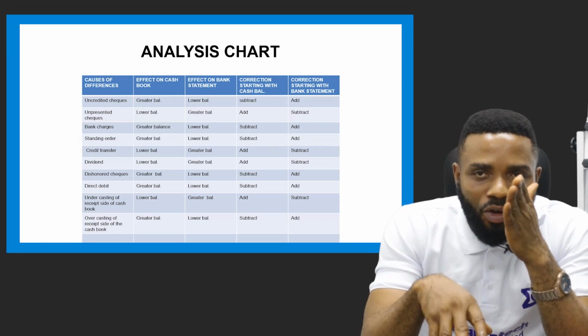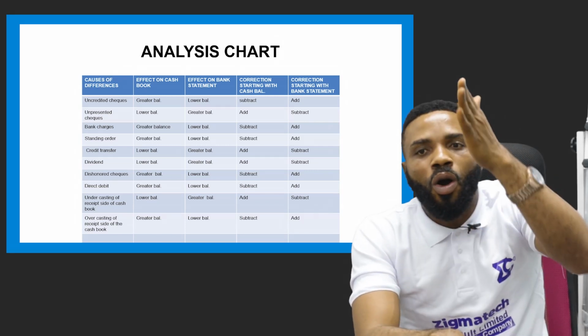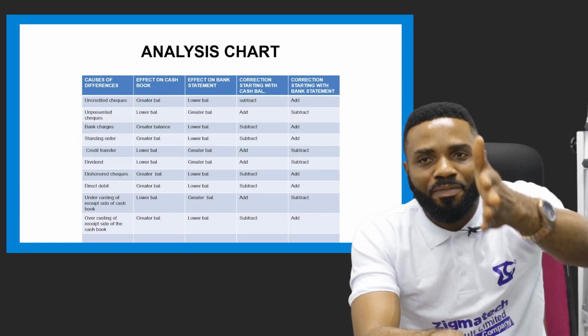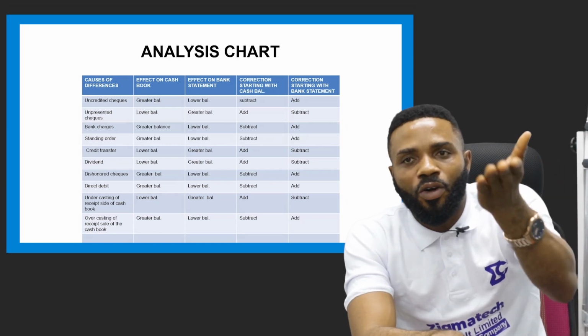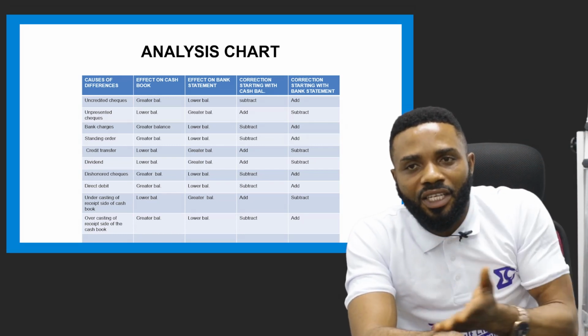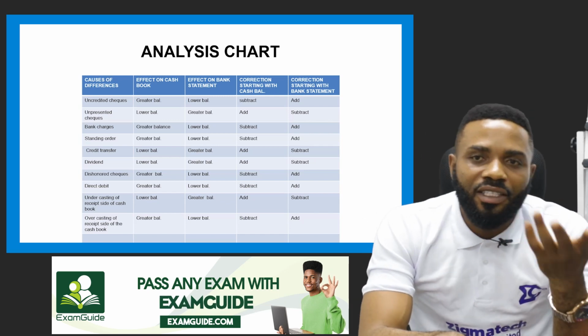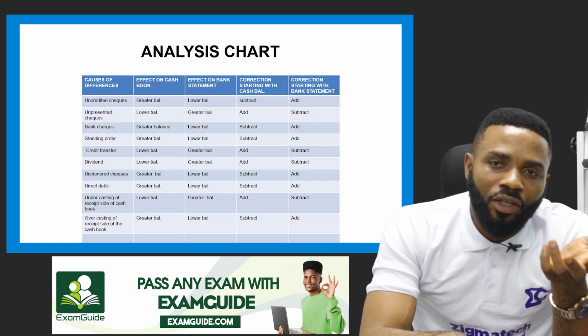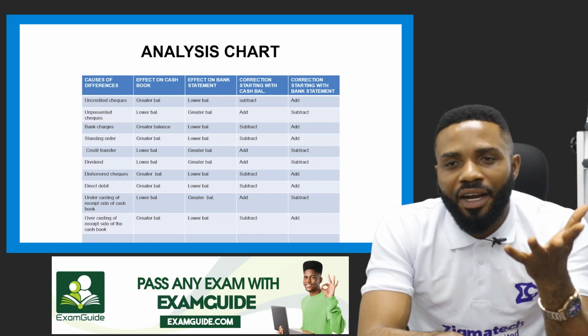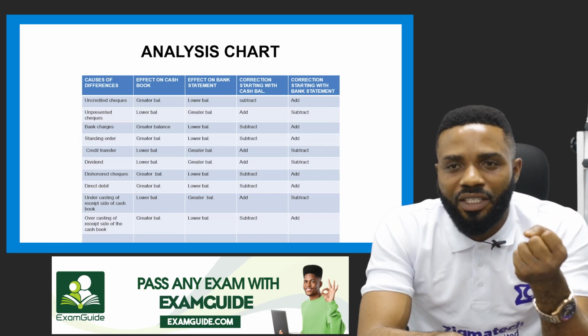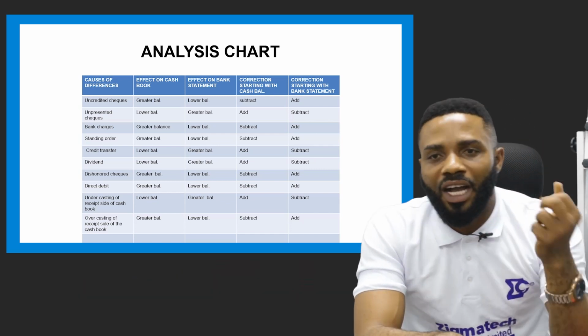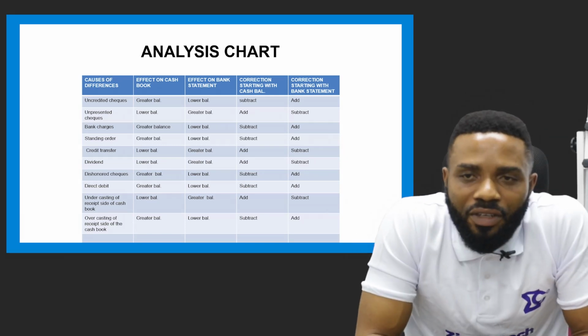Under the causes of the differences, you see all the reasons I have explained so far, the likes of uncredited cheque, unpresented cheque, bank charges, standing order, credit transfer, dividends, dishonoured cheques, direct debit, undercasting of receipt side of the cash book, overcasting of the receipt side of the cash book.